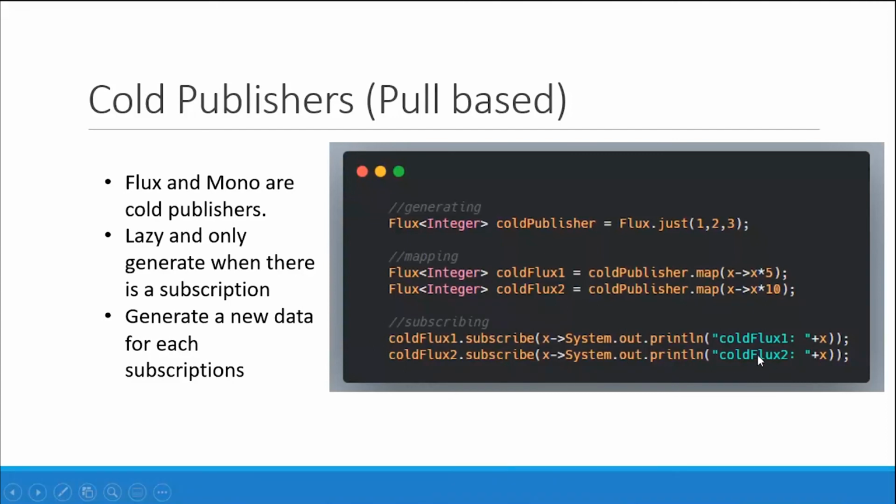It will print cold flux with 2. So in a cold publisher, it's generating new data for each subscription. Here I'm getting all the data from this cold publisher, mapping it to this and printing. In the second one, we get all the data from the cold publisher, map it to something and print.